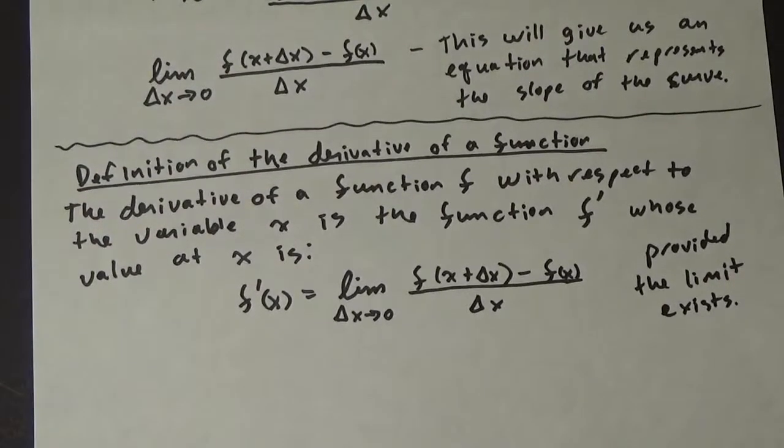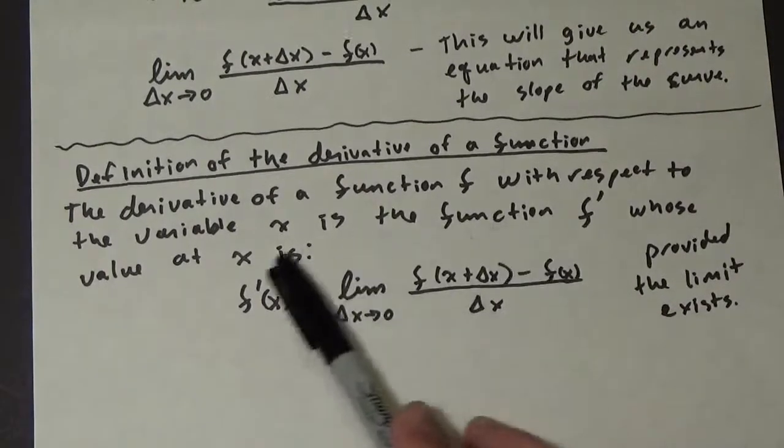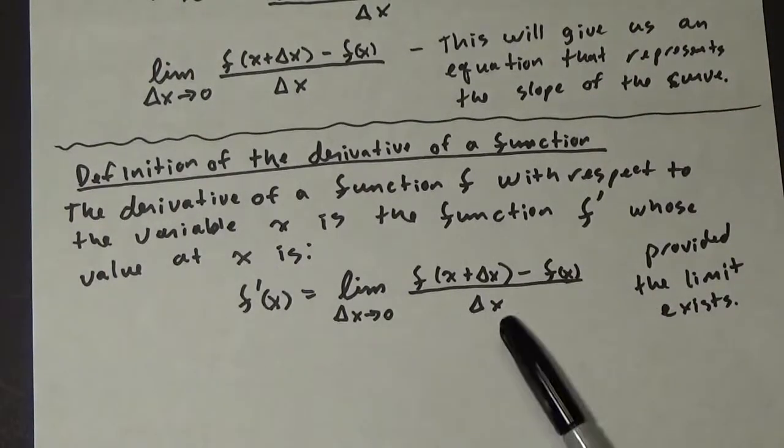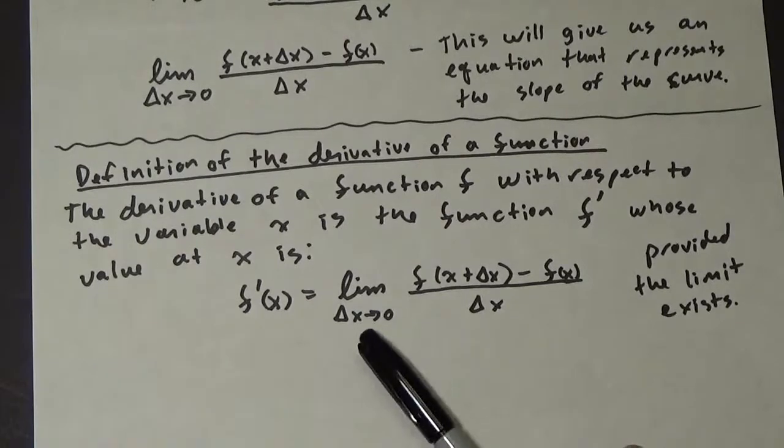Alright, so there are cases, and we'll look at those later, where this limit doesn't exist, and therefore you don't have a derivative at that point. Okay, so here's a new vocabulary. We have this concept of the derivative. Here's the actual definition of a derivative, and it's this limit that we have to evaluate.